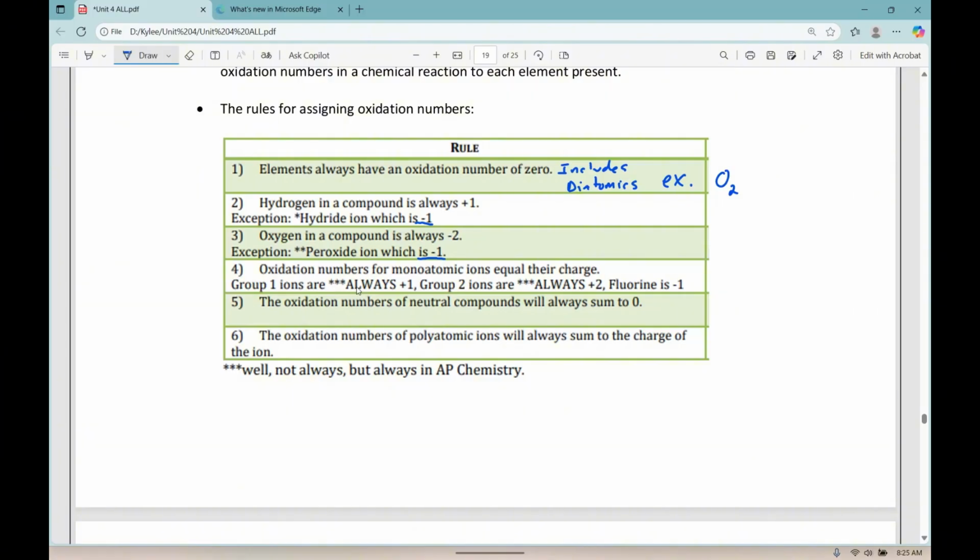So group 1, we know, always form +1 ions. Group 2 will always form +2, and fluorine is always going to be -1. The sum of oxidation numbers must add to 0, and the oxidation numbers of polyatomic ions will always add to the overall charge of the ion.